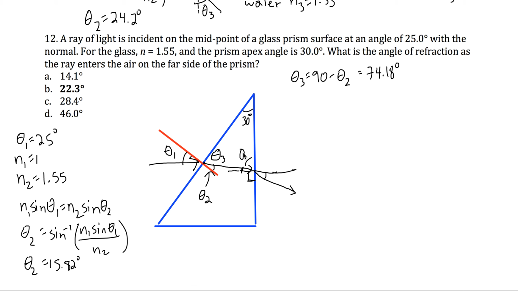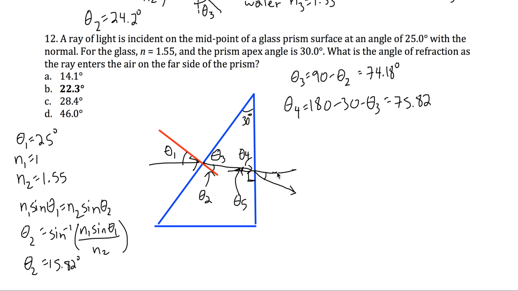So I went ahead and called this theta 4. So I know that theta 4 is equal to 180 minus 30 minus theta 3. And that's going to equal 75.82.